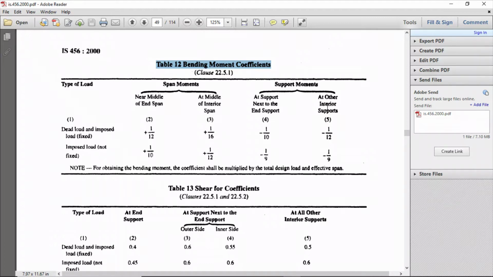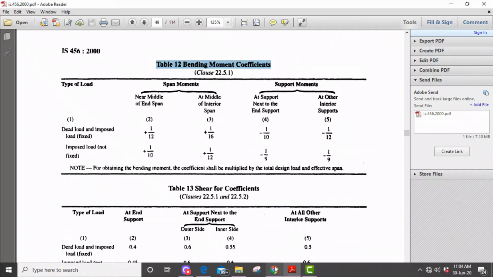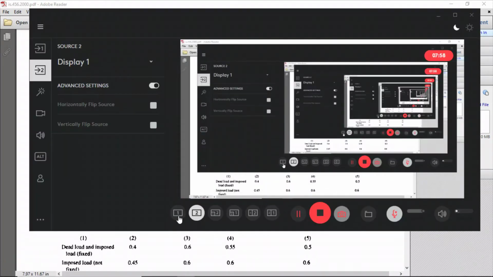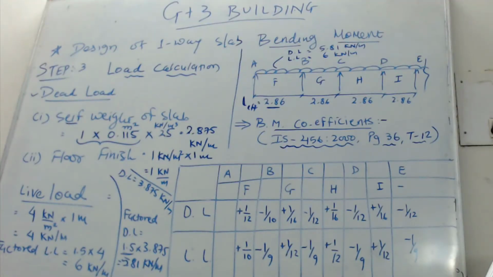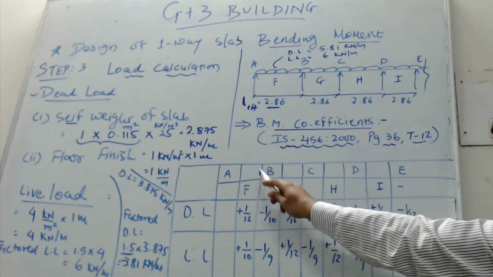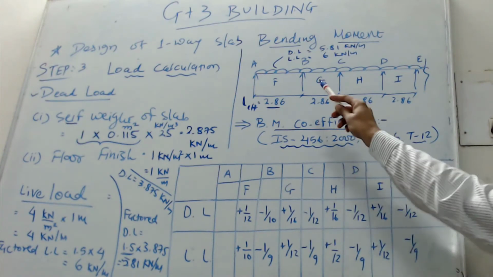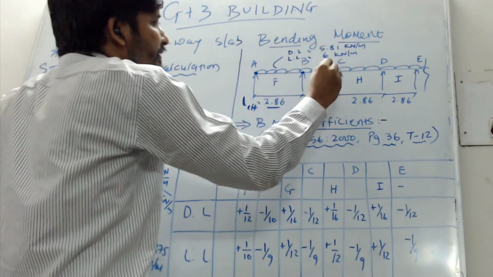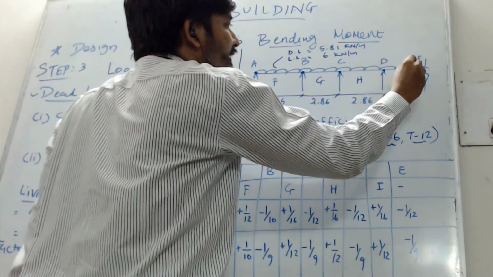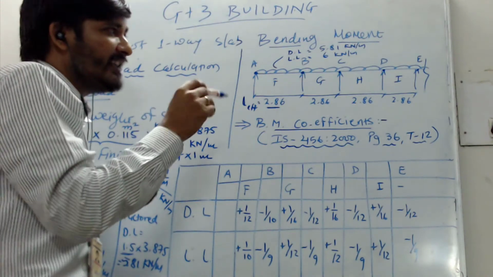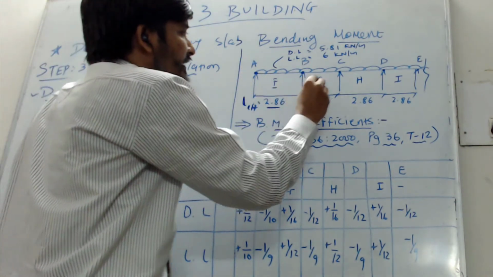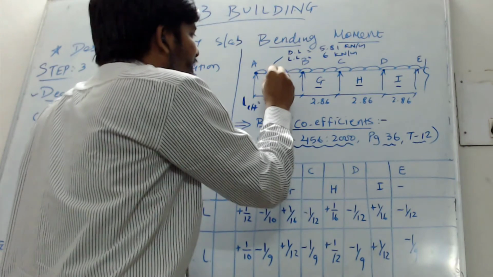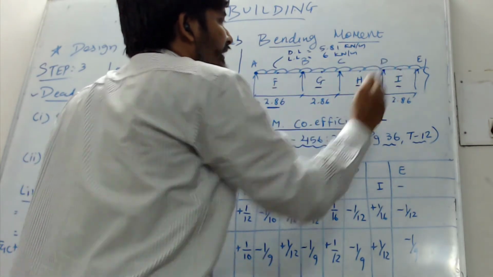So let's go back to the board. As you can see, I have written the values A, B, C, D, E. These are all the support points, and F, G, H, I are the middle spans.